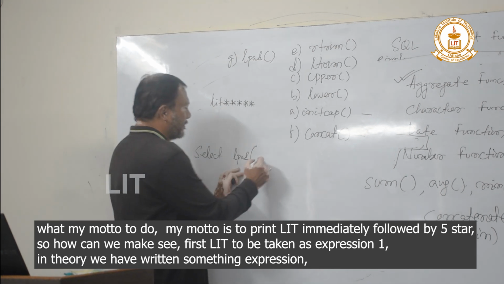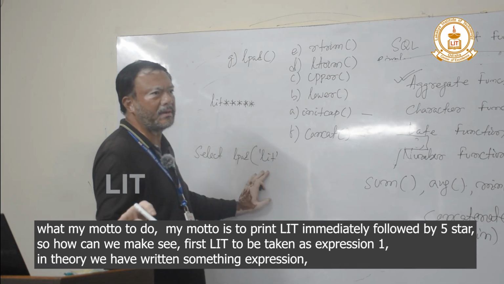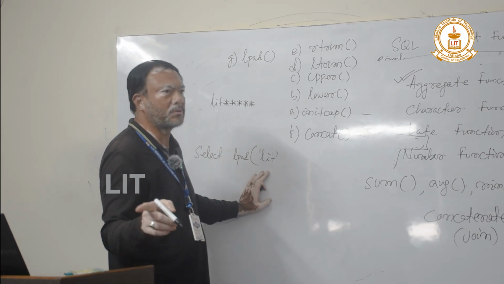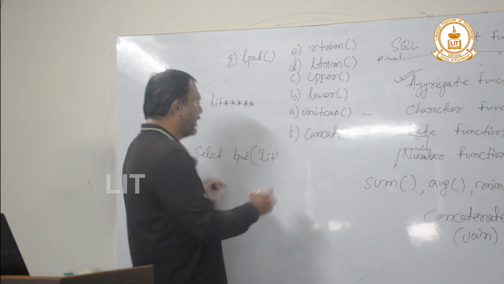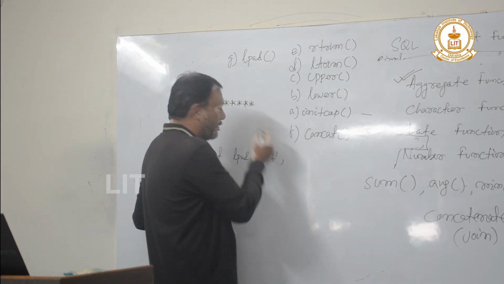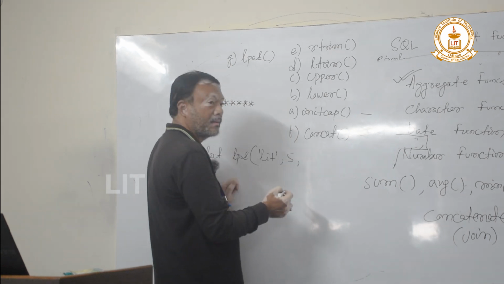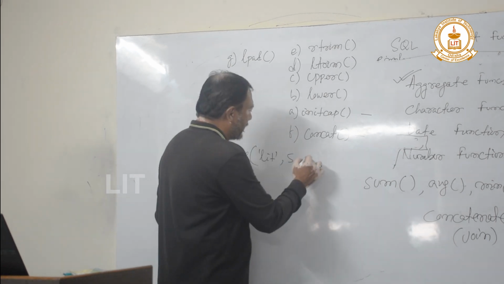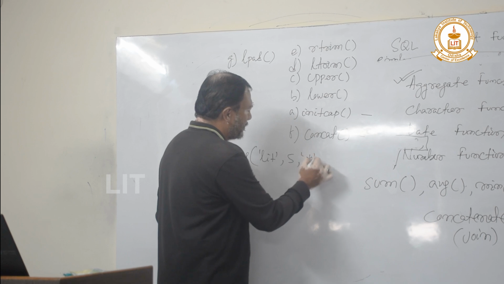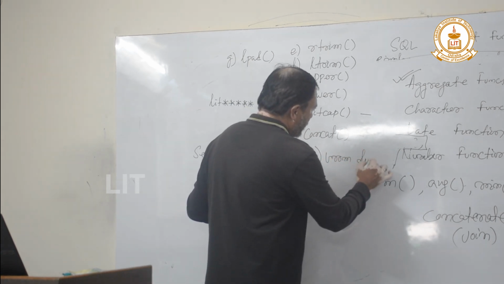So how can we make it? First, LIT is taken as expression 1. Then how many stars do we need? 5. So let's write 5. And what is to be printed? Star. So the second expression will be star. From dual.